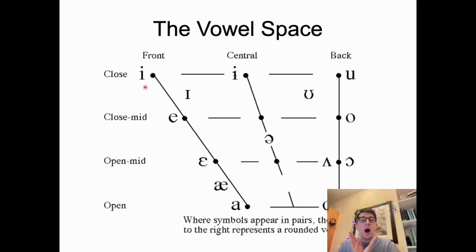So the most open vowel, I guess, would be a, and the most closed vowels would be i and u, because the jaw is almost closed. And these correspond to height, so you may encounter both terms, such as openness and height.